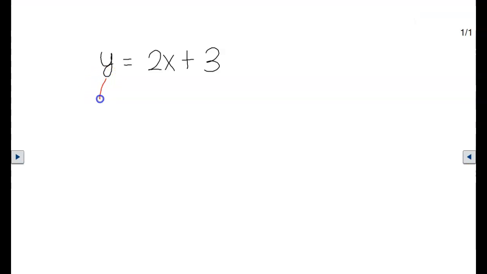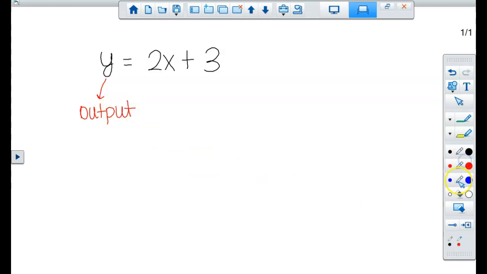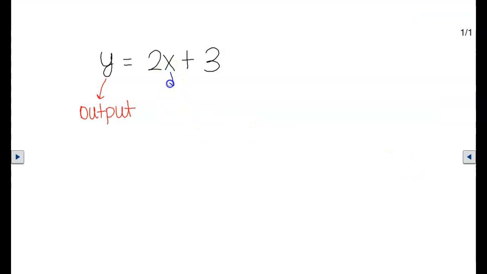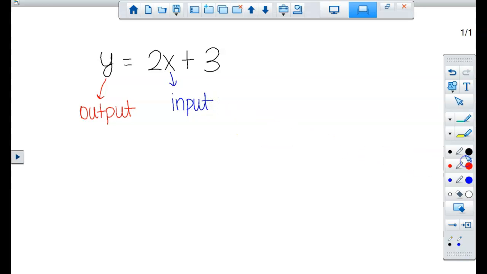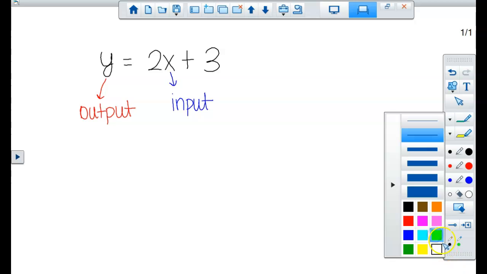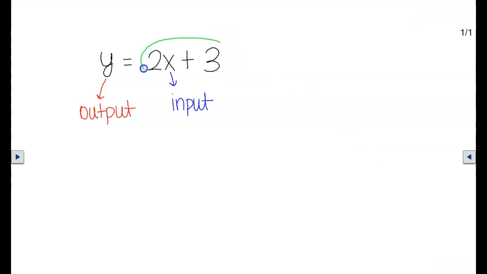This y is our output. The x that we see is our input. And then this 2x plus 3 that we see right here, this is our function rule.